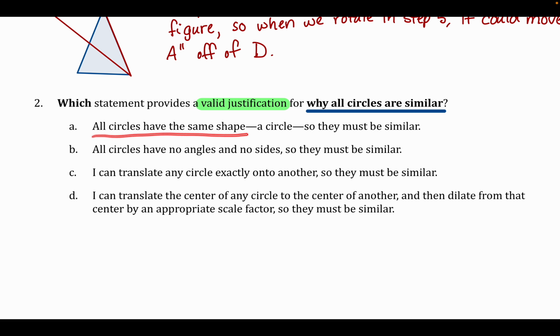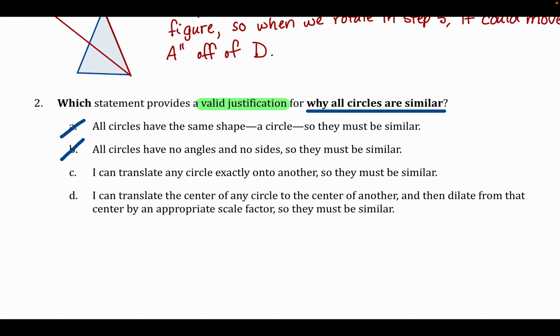All circles have the same shape, a circle, duh. So they must be similar. No, that's not mathematical. So we're not going to use that one. It is not a mathematical explanation or a valid justification. All circles have no angles and no sides, so they must be similar. Also not a mathematical explanation.